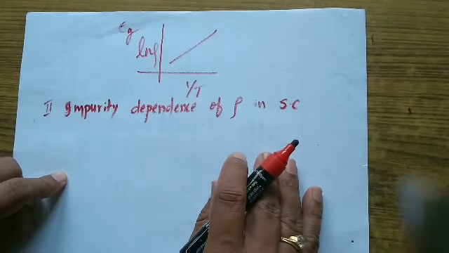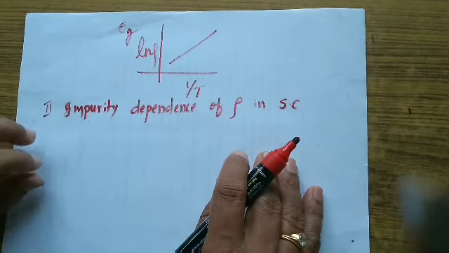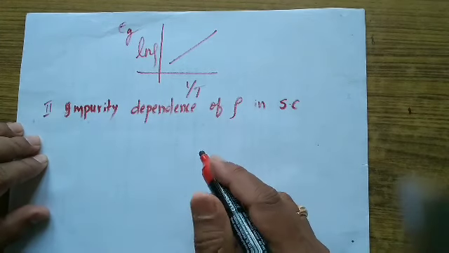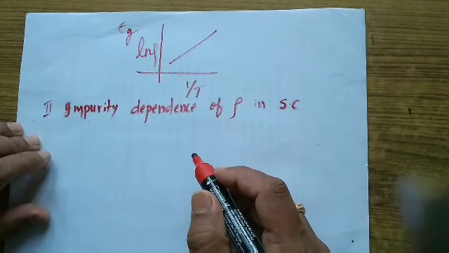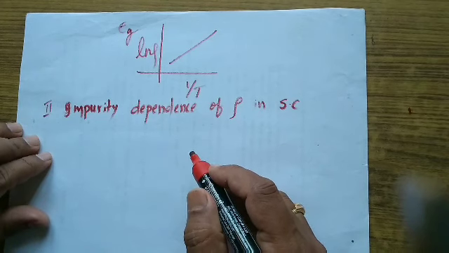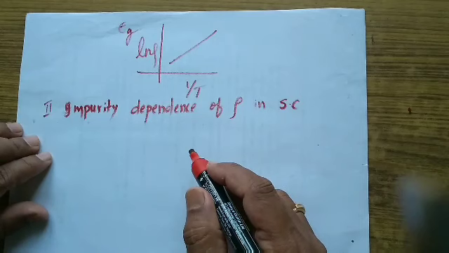And the purpose of adding impurities to an intrinsic semiconductor is to enhance the electrical conductivity, because basically the intrinsic semiconductors do not have good electrical conductivity. For practical applications, we need better electrical conductivity. That's why we add some impurities to these semiconductors.